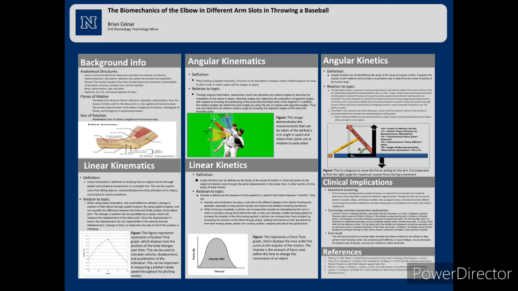And lastly, movement screening. Prior to baseball throwing and their programming, it's important to incorporate functional movement screening to test their range of motion, especially their shoulder, elbow, and thoracic mobility.